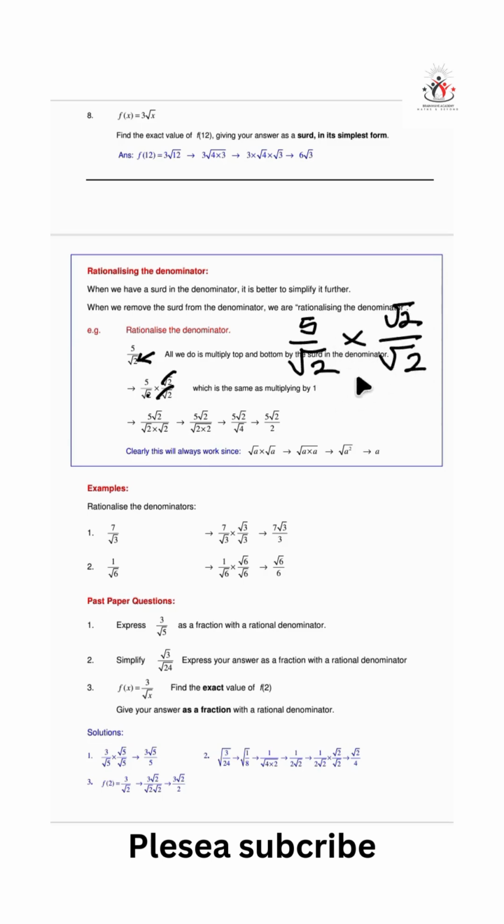So this is very simple, but by so doing, you get rid of that square root sign in the denominator. So 5 multiplied by the square root of 2 is 5 root 2. Then the square root of 2 multiplied by the square root of 2 is the same thing as the square root of 4. So what is the square root of 4? It is 2. You get it? That's why they got this. So to show clear working, express this in all the 4 steps.